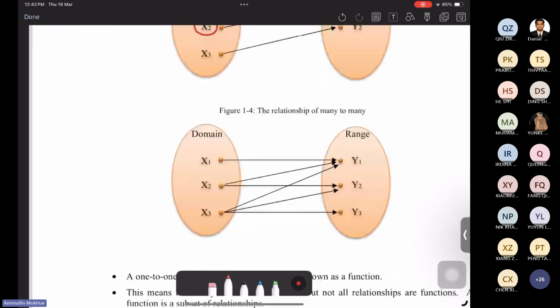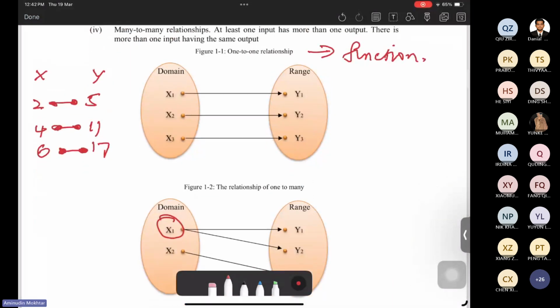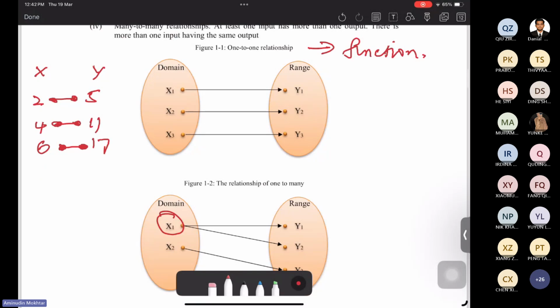From this domain set, when x equals 2, y equals 5. When x equals 4, y equals 11. When x equals 6, y equals 17.